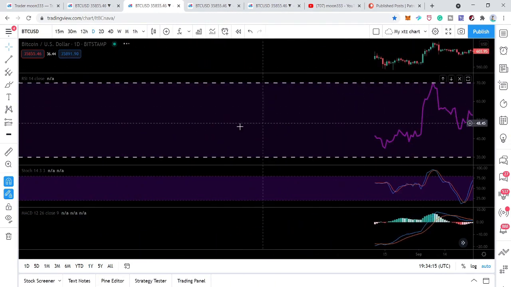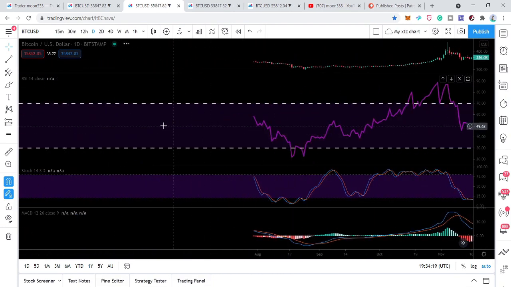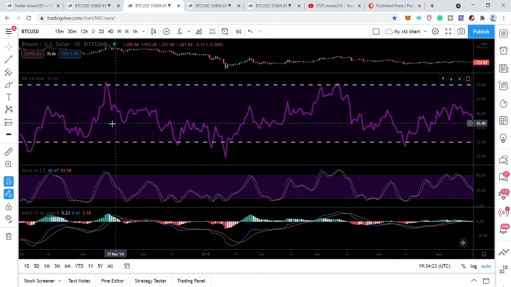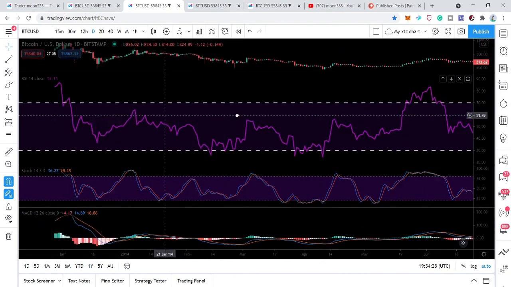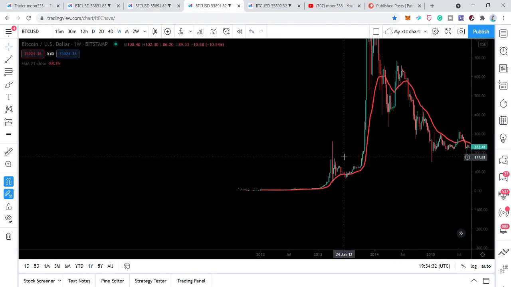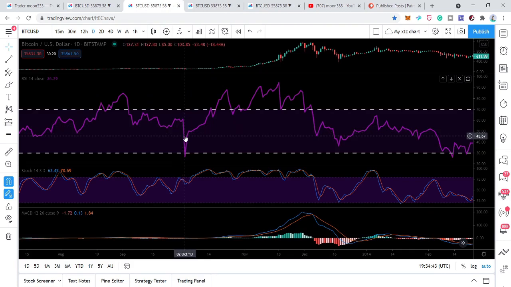The stochastic and the RSI moved up from the oversold zone, and with that the price action also started the recovery rally and moved above the EMA 21 weekly, and the bull run continued. Let me show you that move. If we watch this move, that was in July, the first week of July, we can see, and this is October.